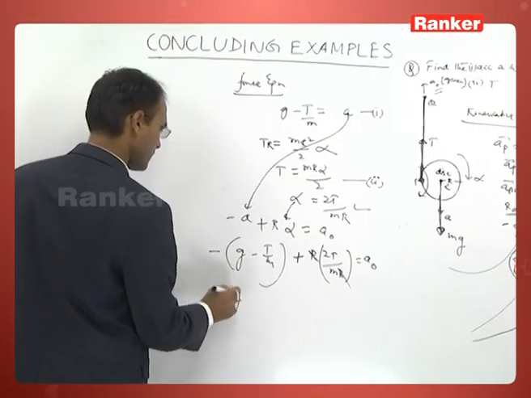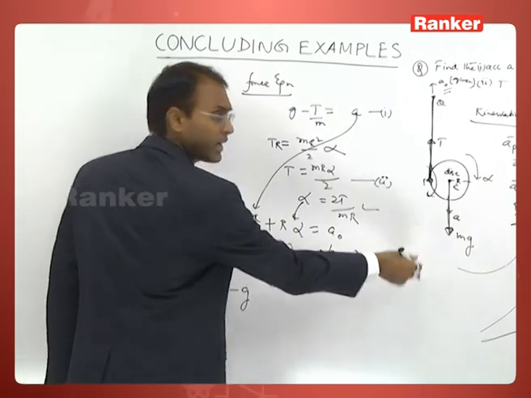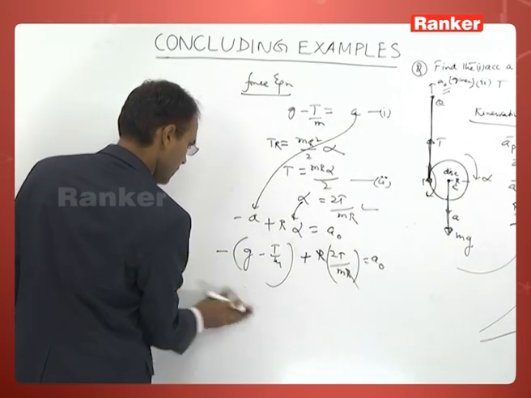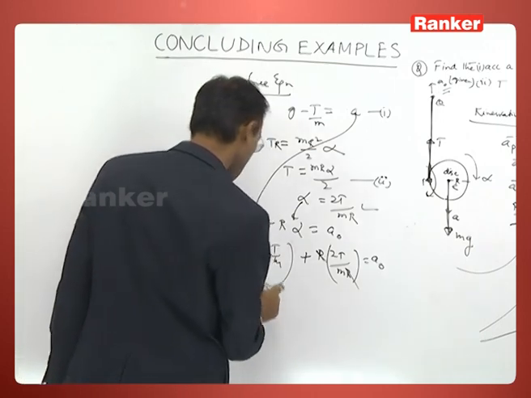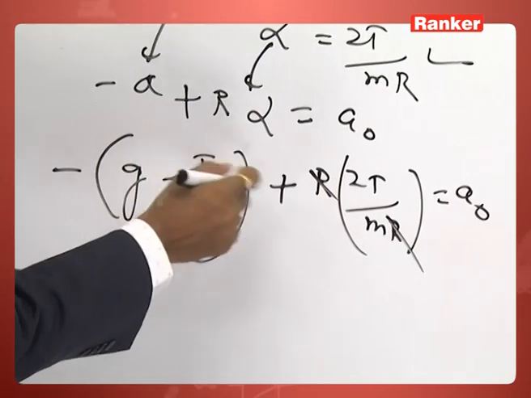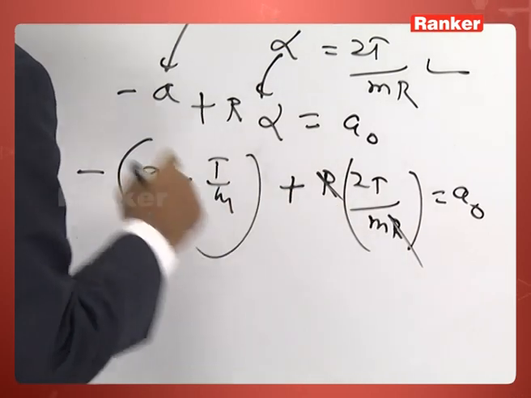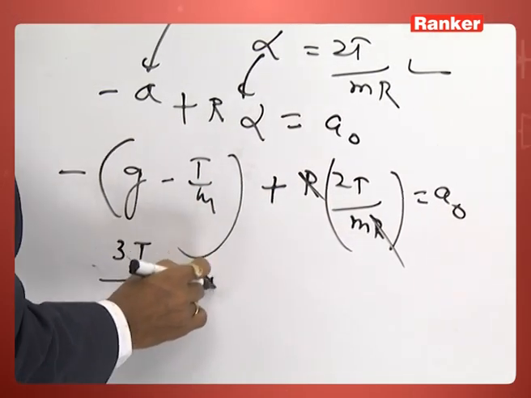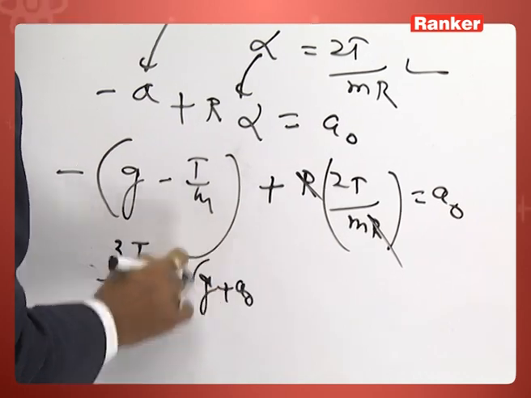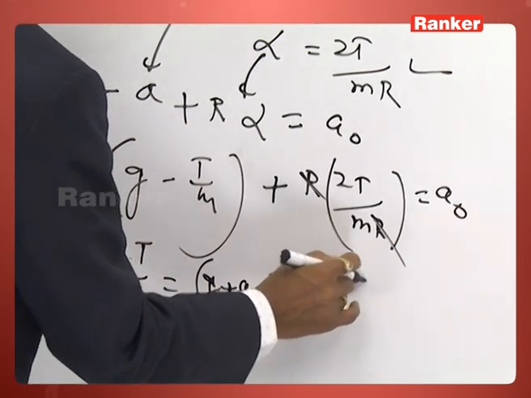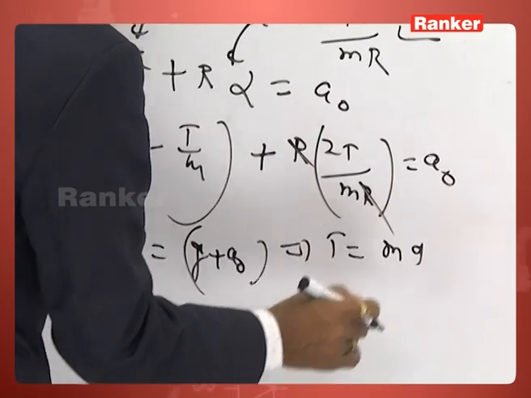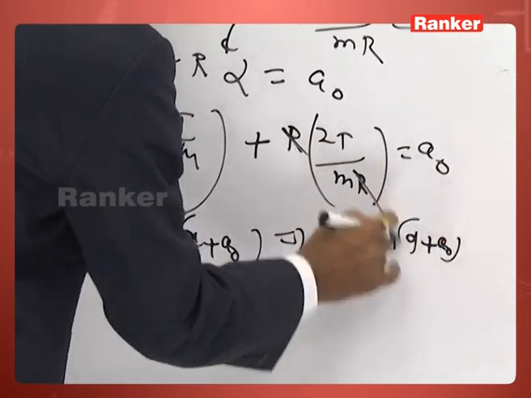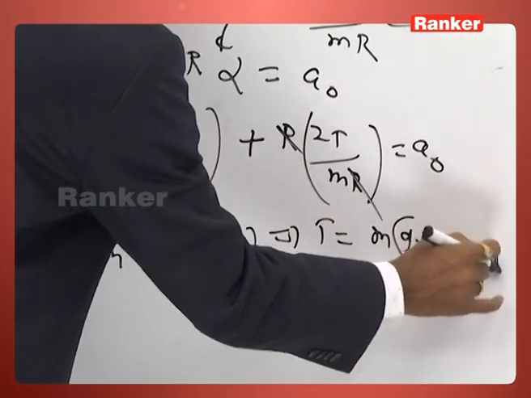So minus g will be taken to the right hand side, and you take T by m common. So you are getting 2T by m plus T by m, that is equal to 3T by m, that's equal to g plus a naught. So you are getting T is equal to m into g plus a naught by 3. Answer.